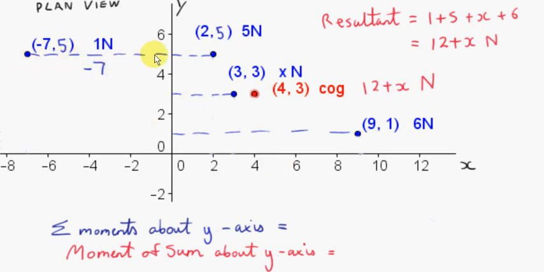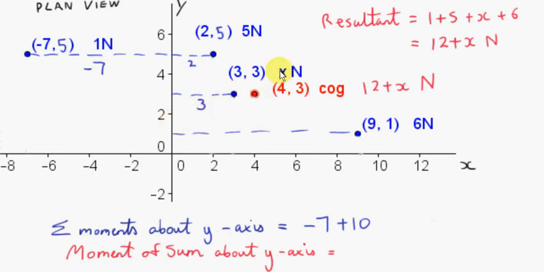So we multiply minus 7 by the magnitude of the force, which is 1, so we get minus 7 Newton meters. For this force over here, we multiply 5 by 2, so we get plus 10. These forces have opposite moments about the y-axis. What about this force here?